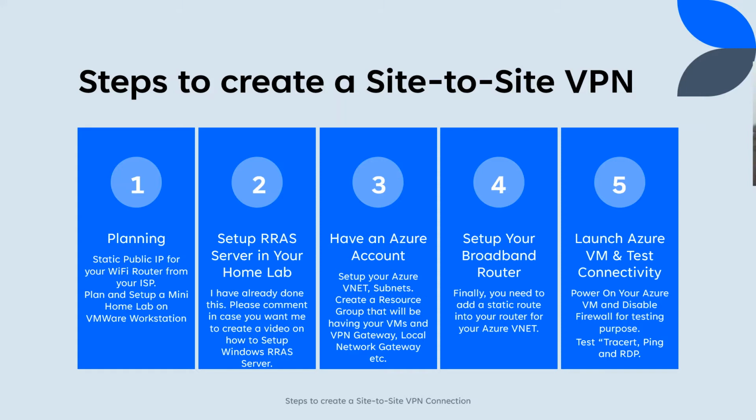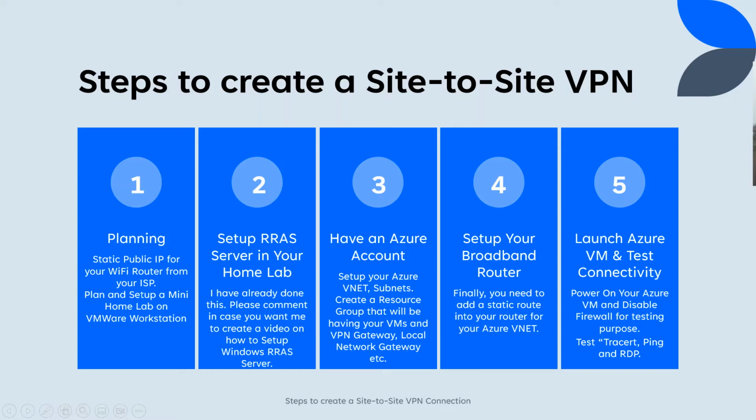We will be doing some configuration in step 2, but the Routing and Remote Access server is already installed with these roles and features. So we'll be doing a bit of configuration there, like creating a demand dial interface according to our VPN gateway. But we'll mostly be talking about step number 3.